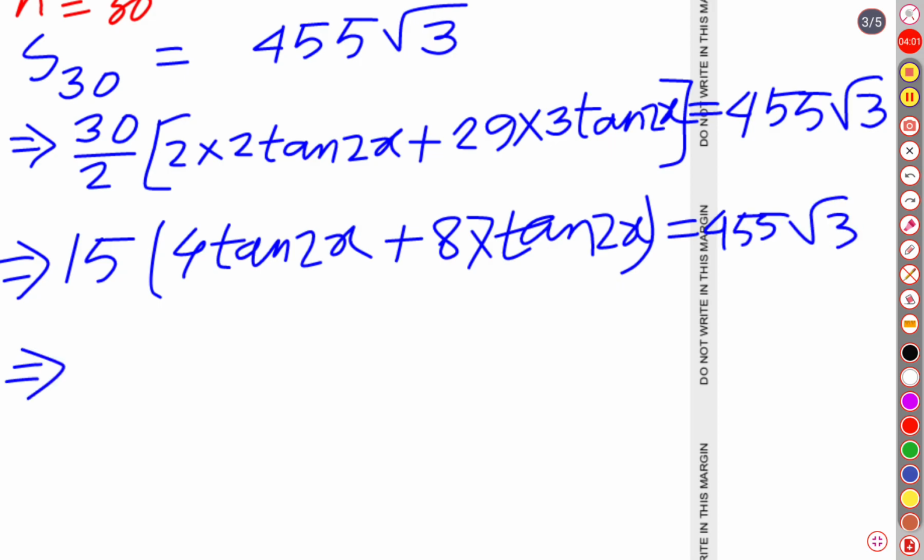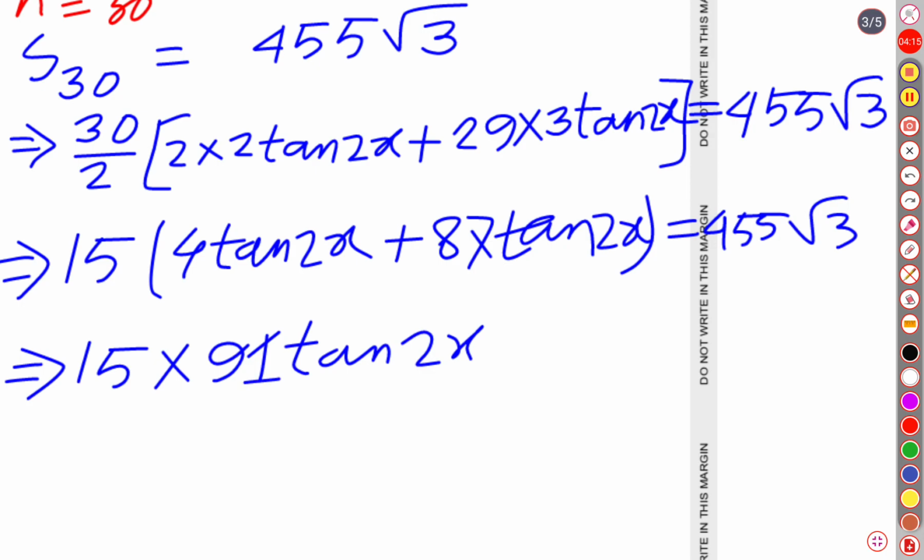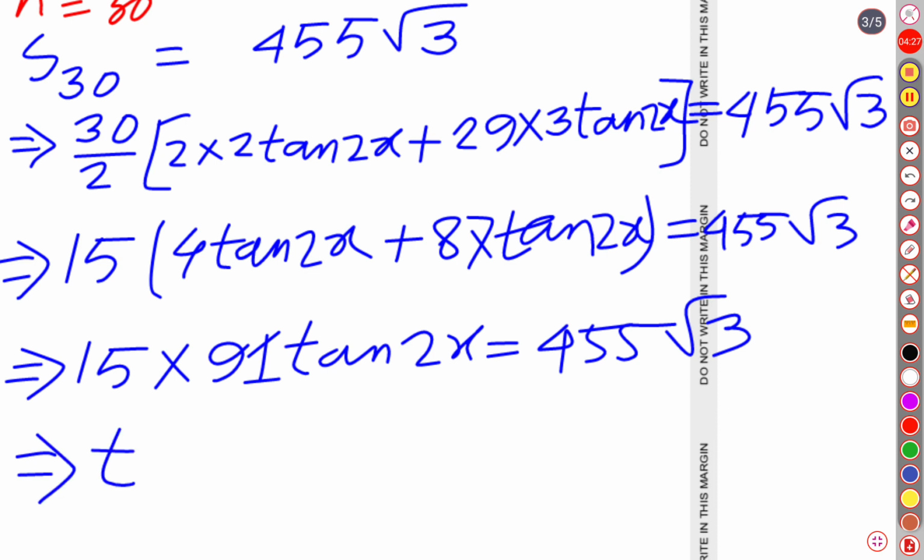So it is going to be 15 into 4 tan 2x plus 87 tan 2x, which means 91 tan 2x, equal to 455 square root of 3. Then if we make tan 2x the subject, it is going to be 455 square root of 3 over 15 into 91.